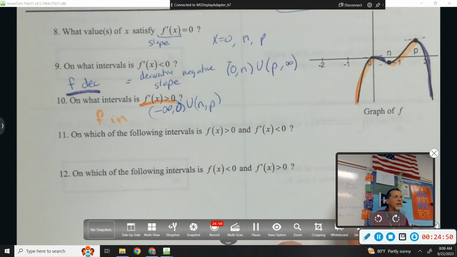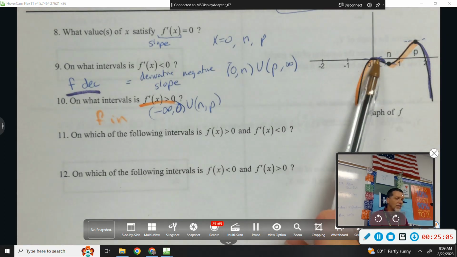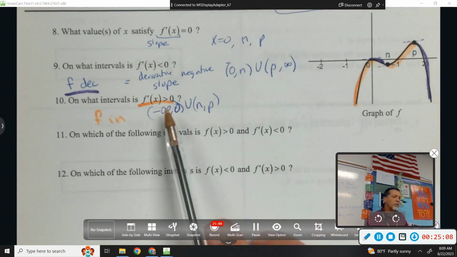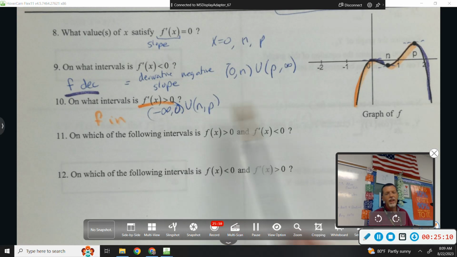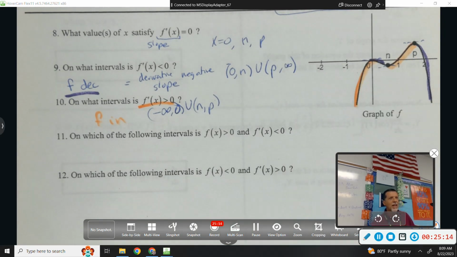Isn't the slope at the tops and bottom 0 anyway? Yes. So that's the argument for not including it, right? Because the slope is 0, so it's not positive. The slope isn't positive there. But if you're talking about intervals, that's a little bit different thing. So it increases all the way to 0, including 0. If I stopped at 0, we increase all the way till we get to 0.